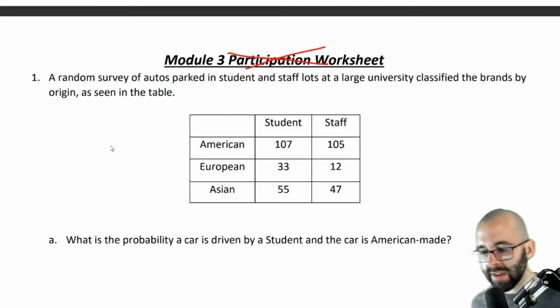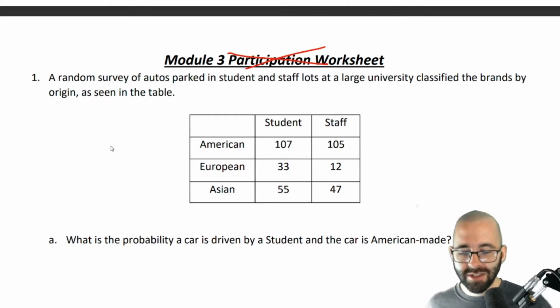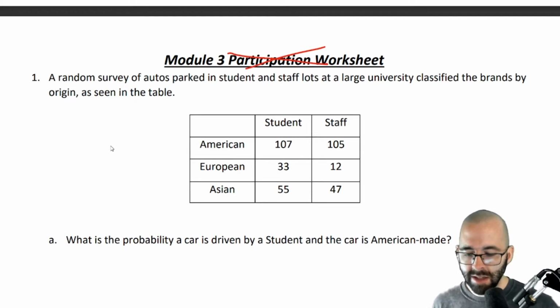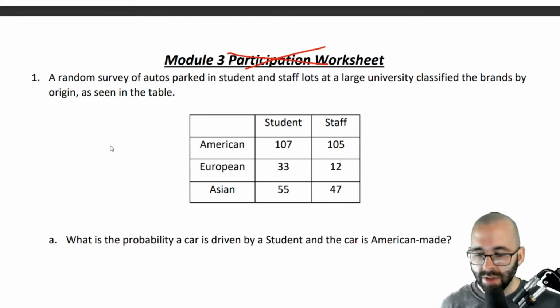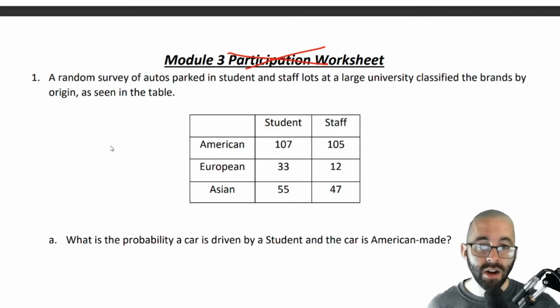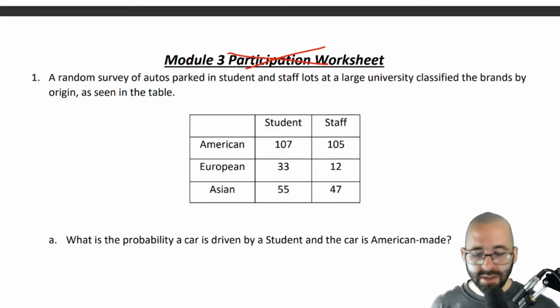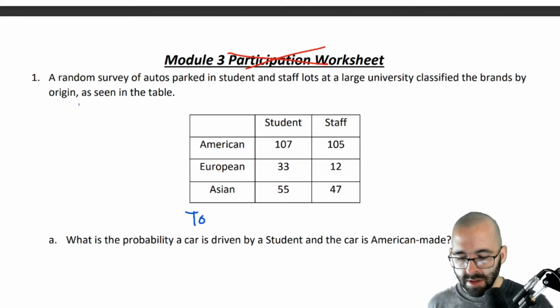So we have a random survey of automobiles parked in student and staff lots in a large university. We classified the brands of origin for these cars as seen in the table: the American, European, or Asian makes of these cars compared to who's driving them. Another contingency table. This time it doesn't have totals. If you want, you can pencil them in.